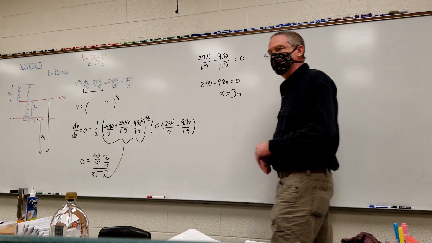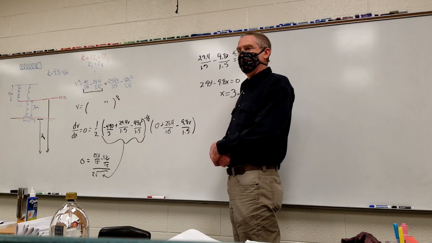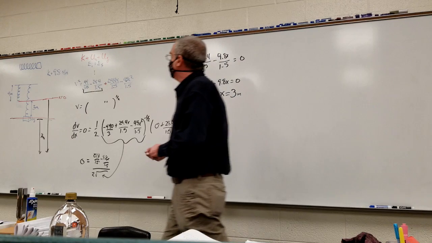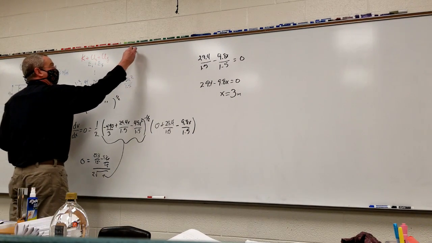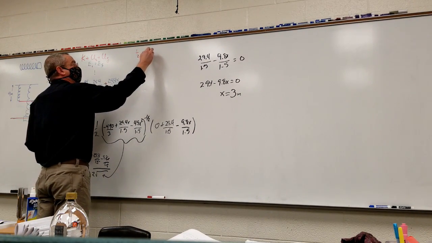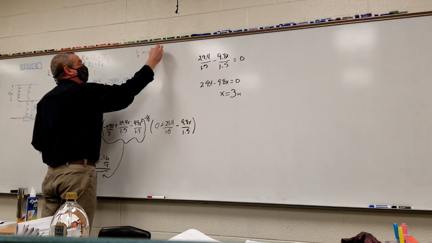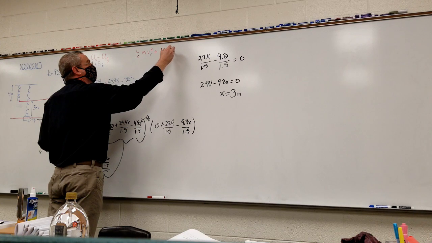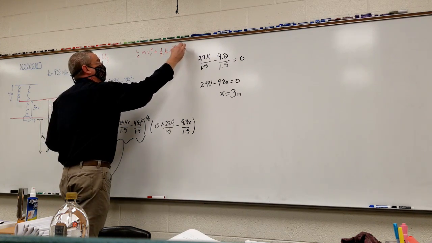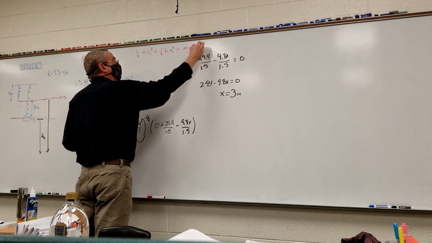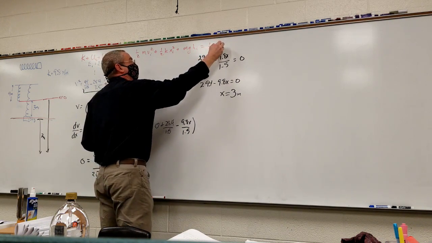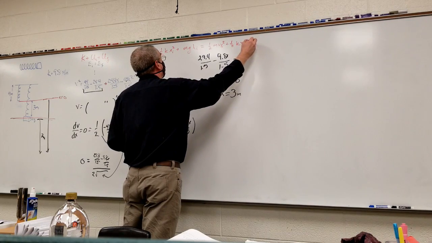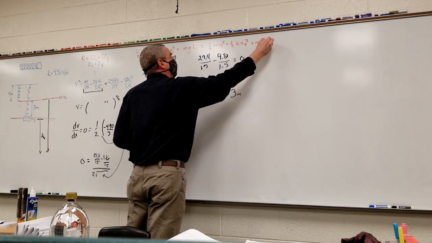So you find the maximum speed by substituting x into the equation, right? What we did was we had 1/2 m v initial squared plus 1/2 k x initial squared plus m g h initial equals 1/2 m v final squared plus 1/2 k x final squared plus m g h final.